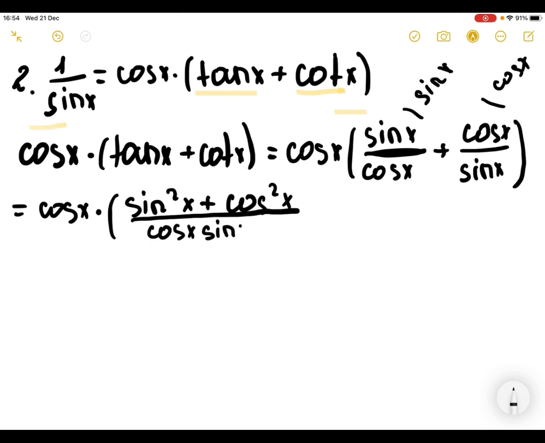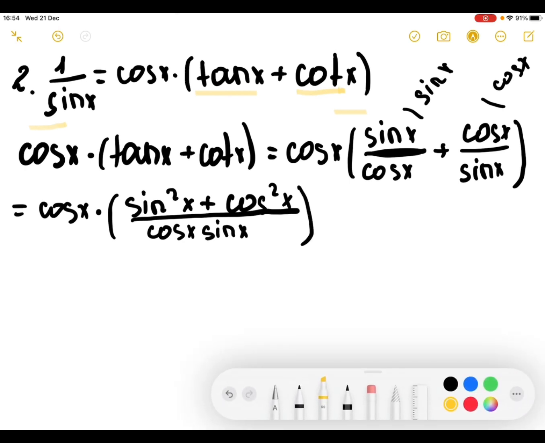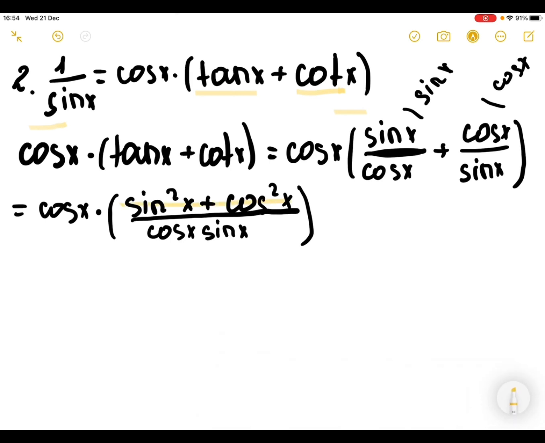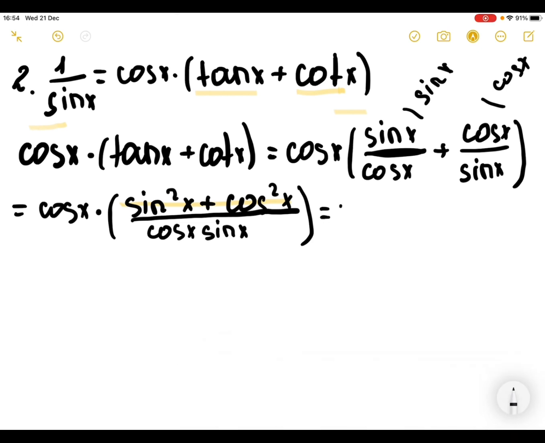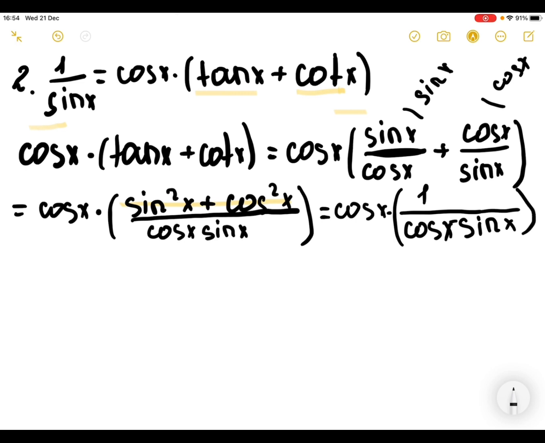Here the sum of sine squared x plus cosine squared x gives us 1. This is a formula, and it will be equal to cosine x multiplied by 1 divided by cosine x multiplied by sine x. And here we have two cosine x, so you can simplify them. So we have 1 divided by sine x. We have obtained the other side of the identity and the verification is complete.